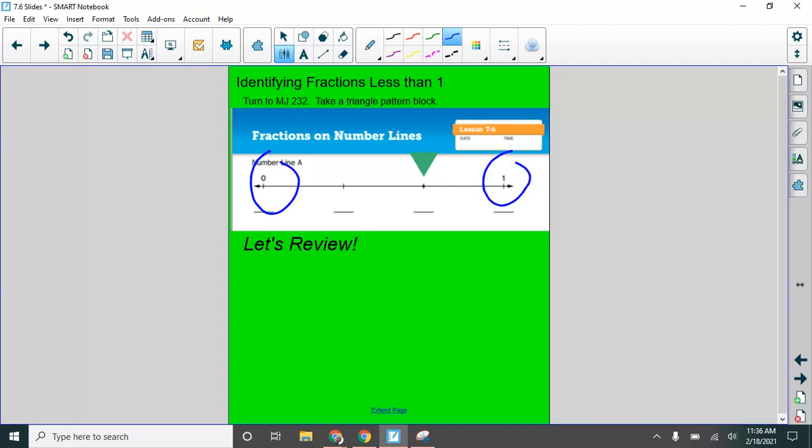So it's just like if we had a whole circle, right? So just reviewing here. Now, my number line is broken into some pieces. To count those pieces, I am going to do the jumps. Remember the jumps? 1, 2, 3. So this is broken into 3 jumps.